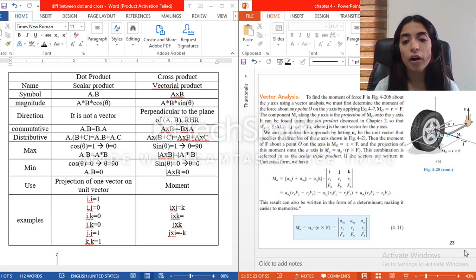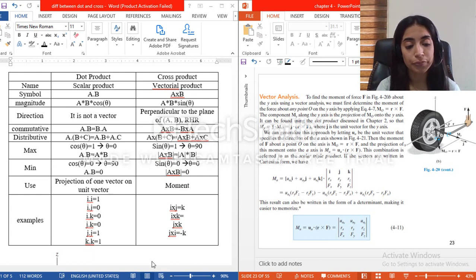Now if I need to find the moment around an axis, which means I don't want to find this moment around a point, instead I need to find this moment around any axis that has a unit vector of u. So basically guys, I know that this axis has a unit vector of u and I need to find the moment of rotation around this u.